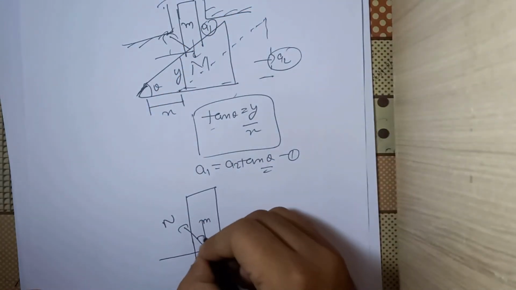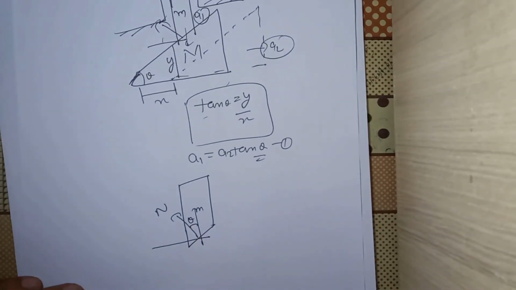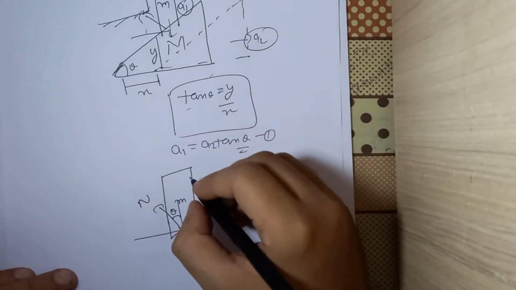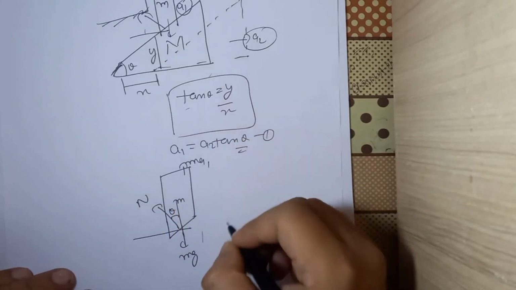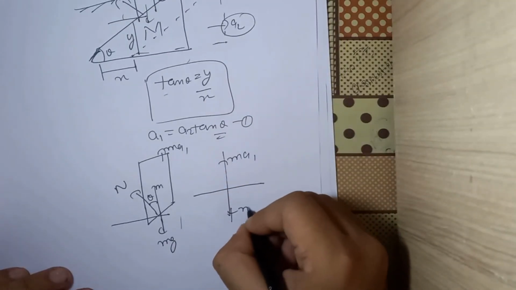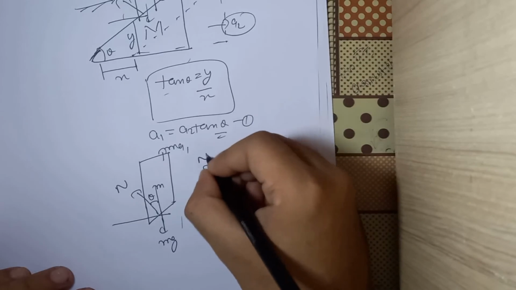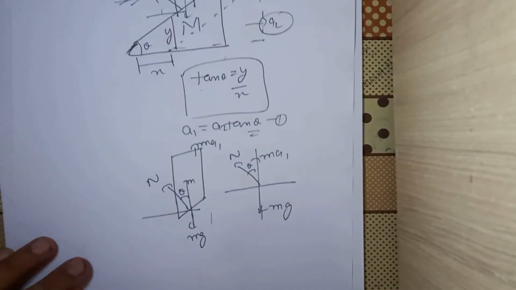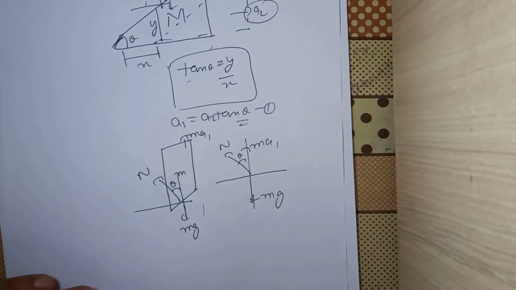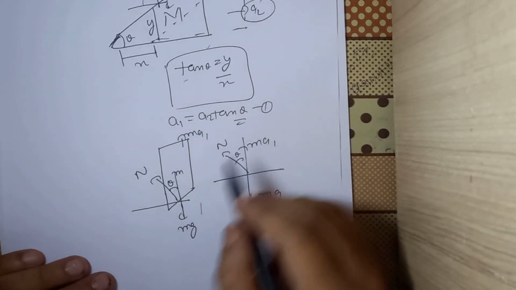It makes theta from the vertical, and there is mg downwards, and the acceleration a1 is also in the downward direction. So we'll apply some ma1 in the upward direction. There is ma1, there is mg, and there is a normal force making theta with the vertical. Since the acceleration is in the vertical direction, we'll write the equation in the vertical direction, taking the normal component in the vertical direction only.